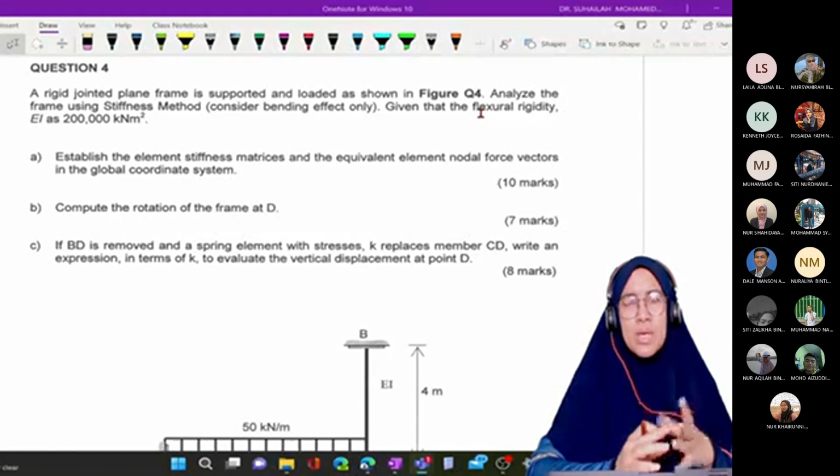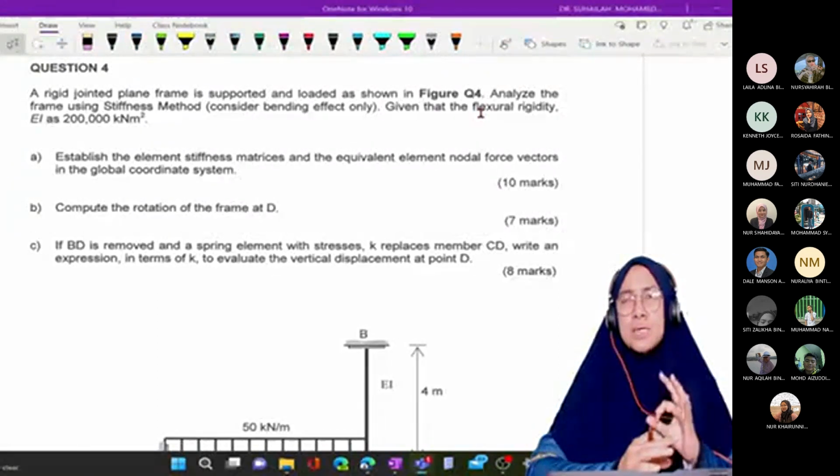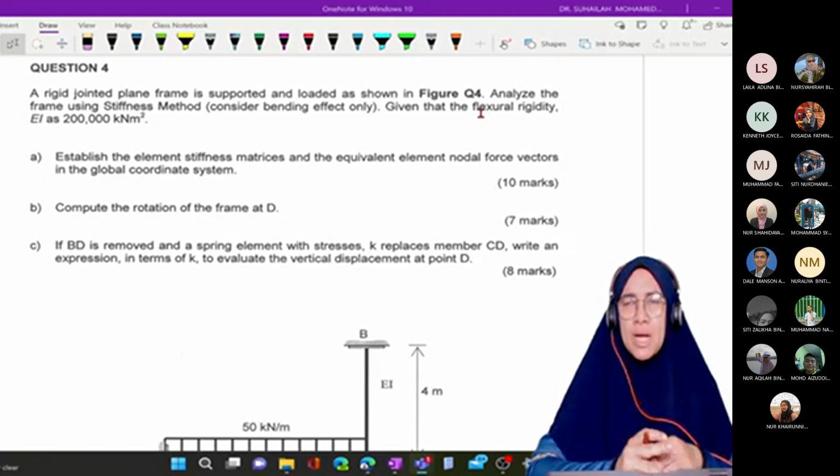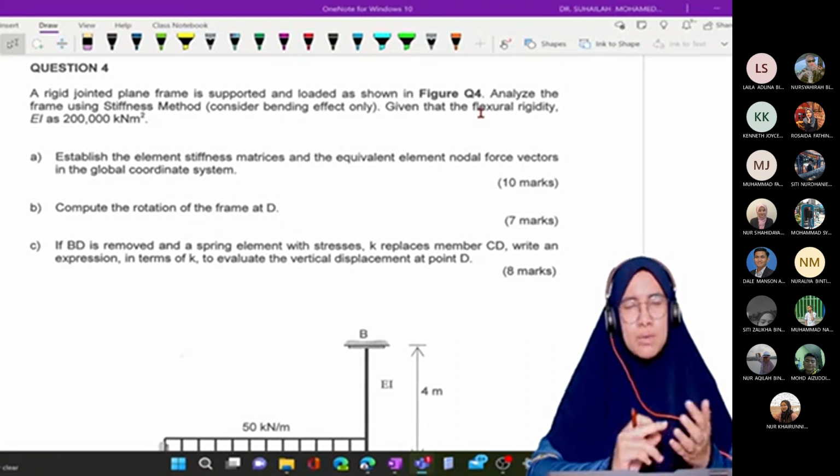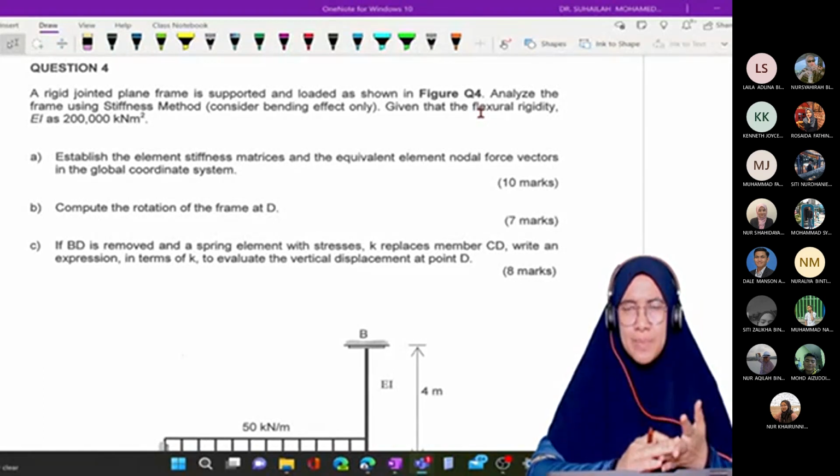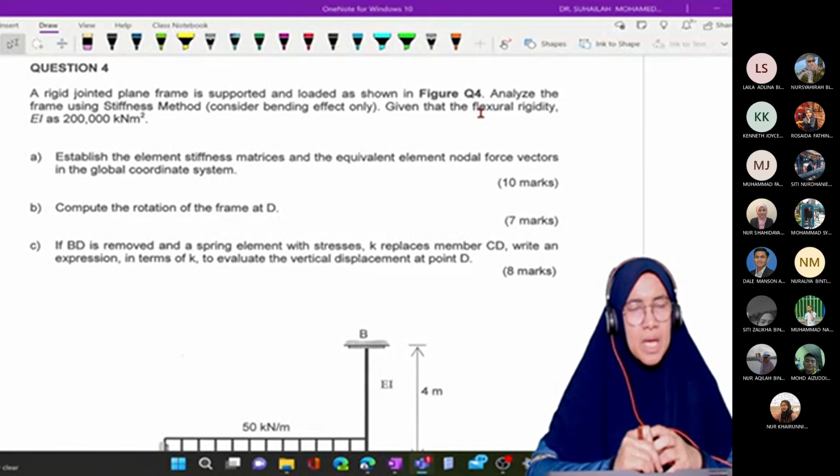In frame, we have to consider three components, X, Y, and Z. After we have determined unknown displacement, we will continue to calculate unknown reaction at the support. So basically, the procedure for all types of structure, including truss, beam, and frame, is the same, except for the degree of freedom.